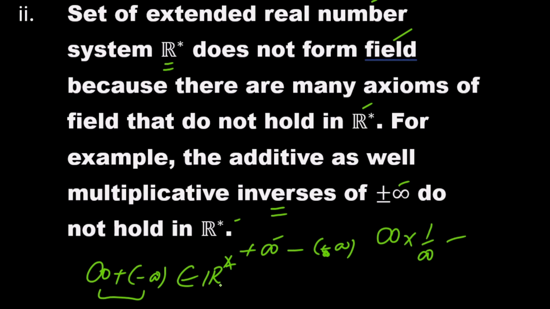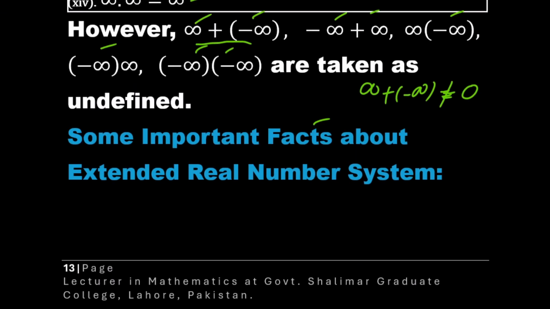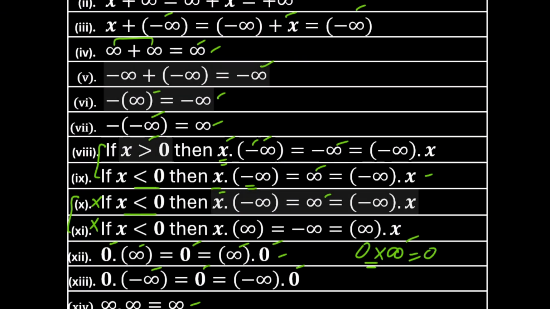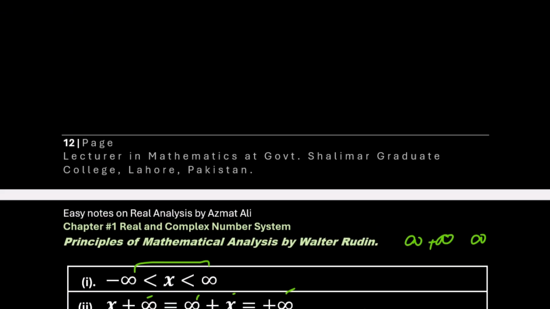Similarly, the distributive law also does not hold in the extended real number system. So finally, the extended real number system does not fulfill the axioms of a field. So this is the simple story about the extended real number system, and now I hope you have a clear understanding about it.